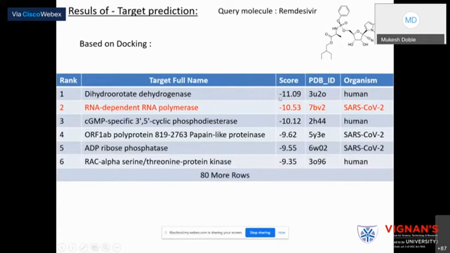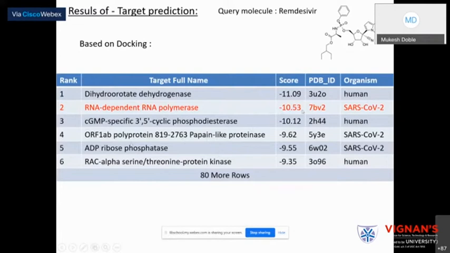As you can see, it's got a minus 11 binding energy. This is a human target, and then it's got minus 10 binding energy against a SARS-CoV target. This is an RNA-dependent RNA polymerase. So it seems to go and bind to that.